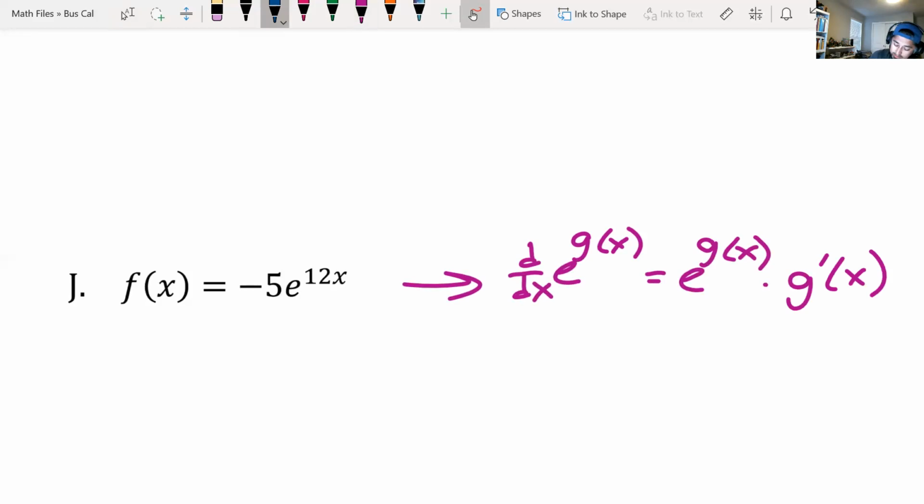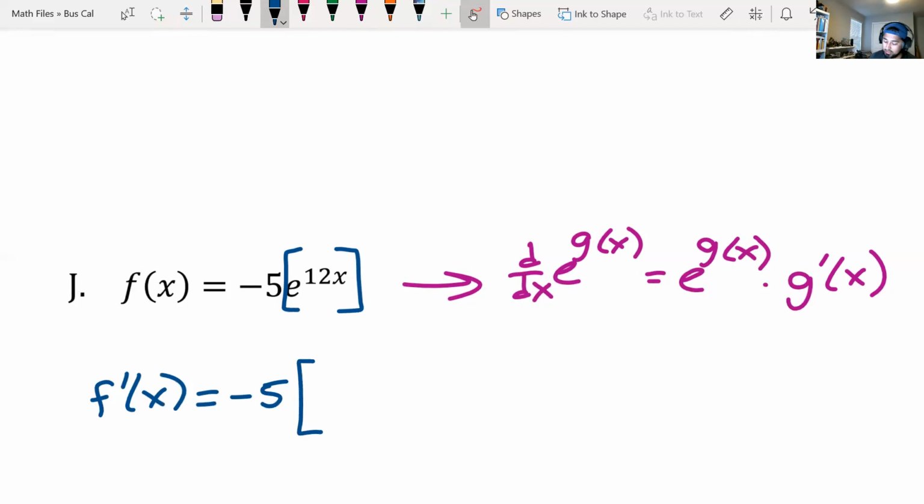So when I say f prime of x, and we're only looking at the e function, the negative 5 is going to hang out outside. And by that derivative formula, what is the chain rule derivative of e to the 12x going to be? It's going to be the same thing times the derivative of the exponent.